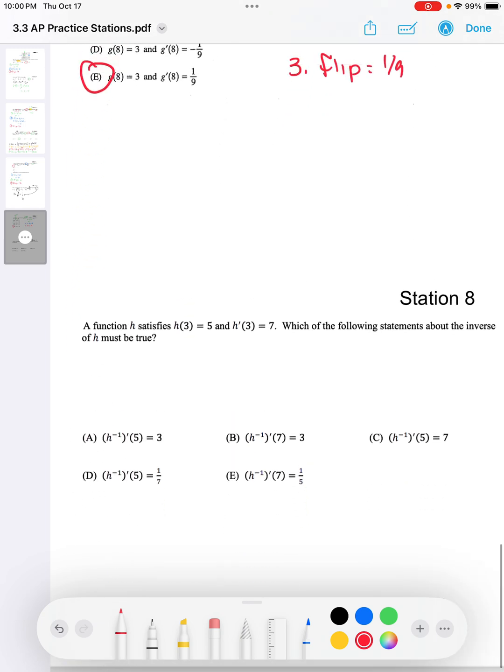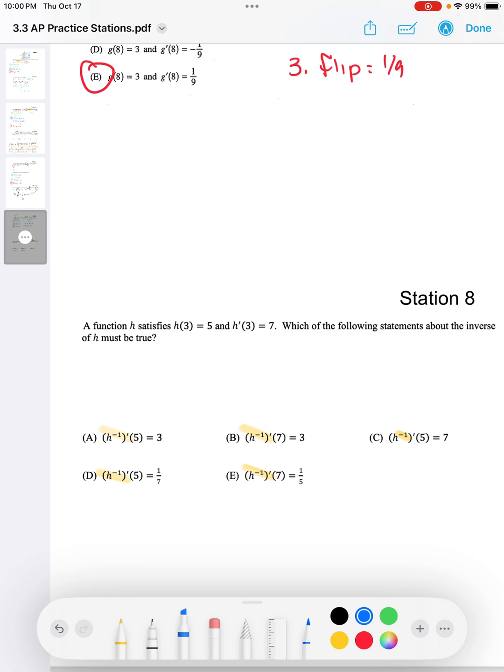All right, last one. Which of the following statements is true? Well, all 5 of them are talking about the inverse for each one. So we know it's going to be an inverse statement.